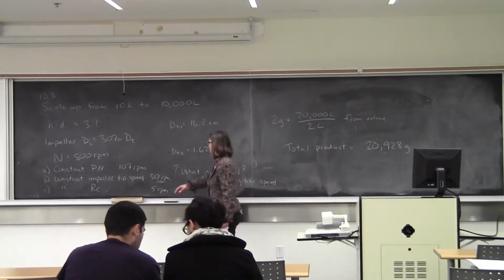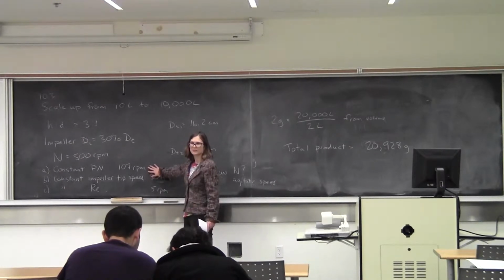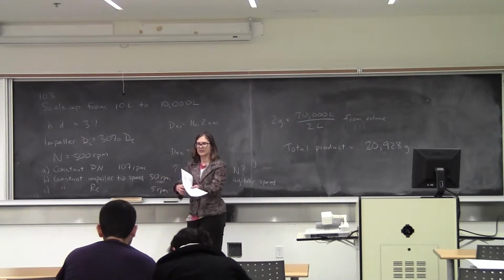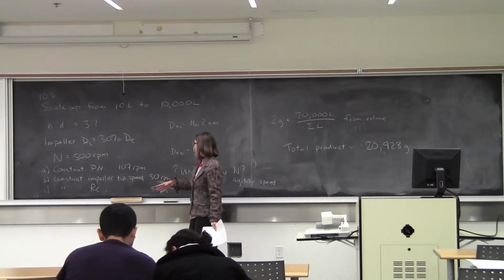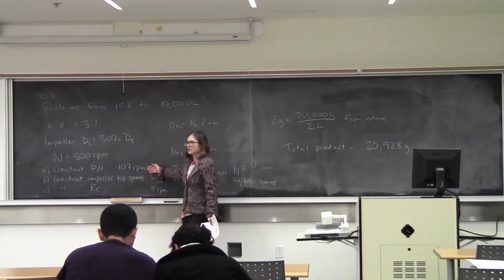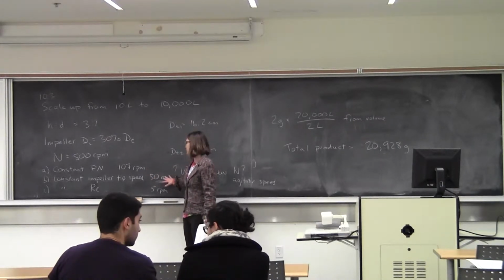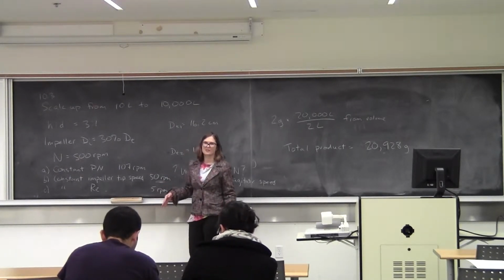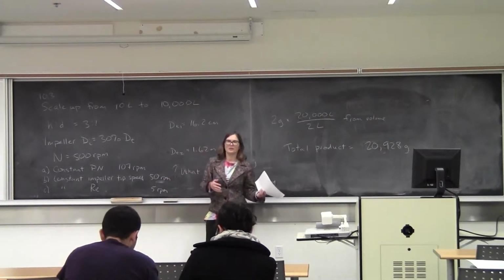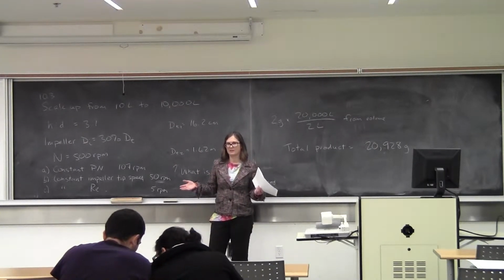You end up with much faster spinning if you keep your power to volume ratio constant. It's still slower than the scaled down reactor because you've got a much bigger impeller as well. Generally, if you can, you would choose a constant power to volume ratio unless you have really shear sensitive cells. So generally, you want to run your reactor a little bit below the amount where you'll get shear problems with your cells.